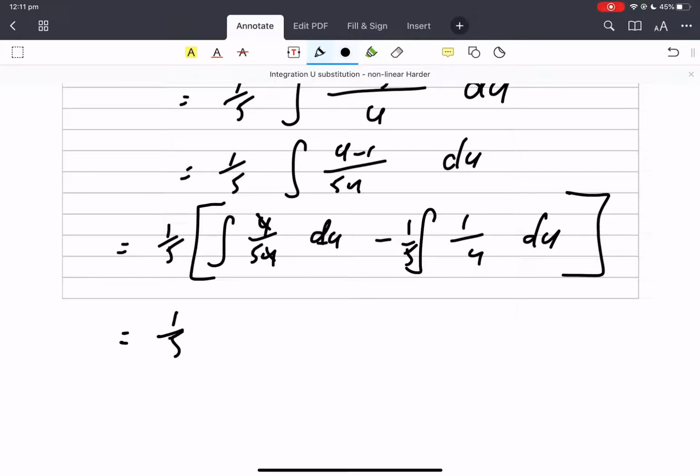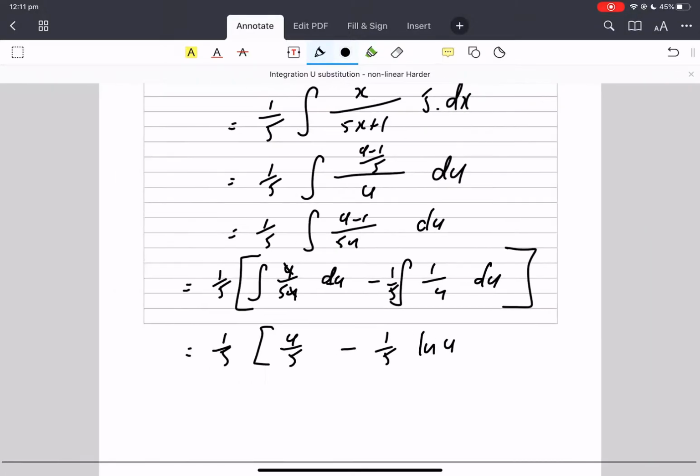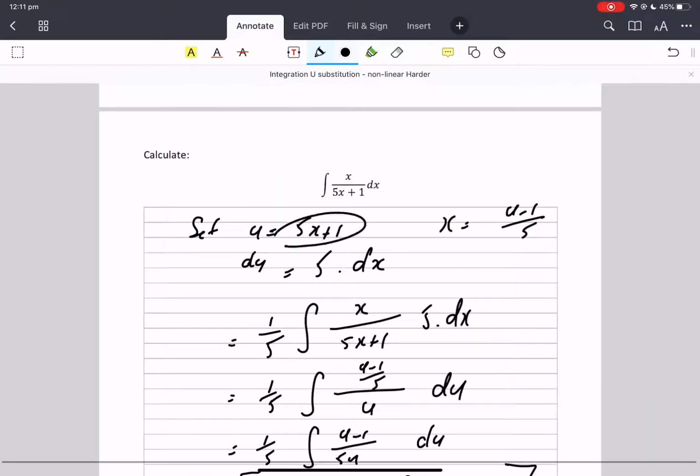Okay, the integral of 1 on 5 is just going to be u on 5 minus 1 on 5 log u. And what was u? I've forgotten already. 5x plus 1.